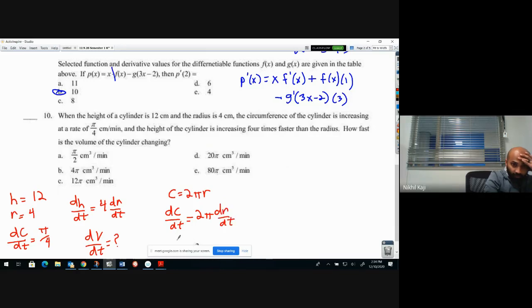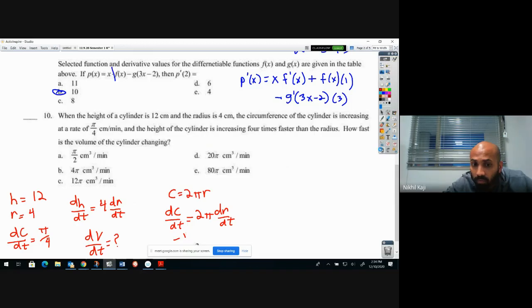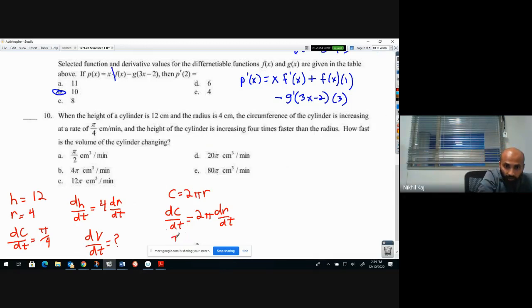Plug in our stuff, and we end up getting pi over 4 equals 2 pi dr/dt.